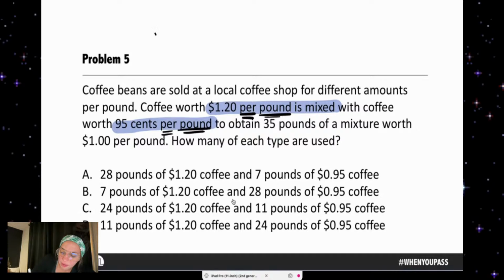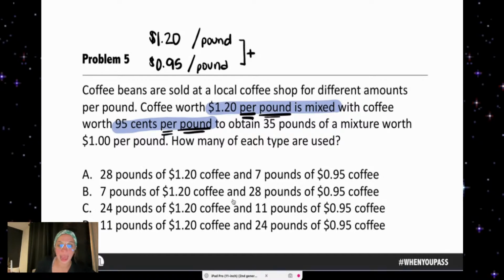So I have coffee that's $1.20 per pound, and I have coffee that's 95 cents per pound, and I'm going to mix them together, add them together to equal a mixture that's $1 per pound.